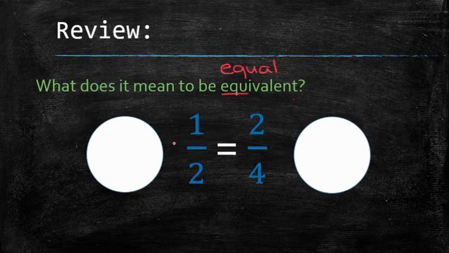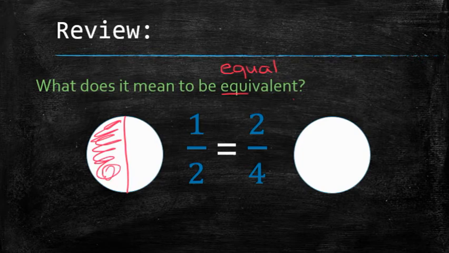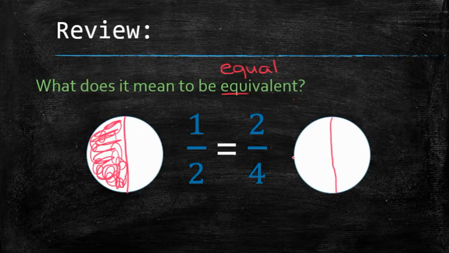So let's look here and see if these fractions are equivalent. Let's pretend they're pizzas again, and our friend is giving us half of the pizza. What if our friend said to us, you know what, what if I give you 2/4 of the pizza instead of 1/2 of the pizza? Well, let's divide this into 4.